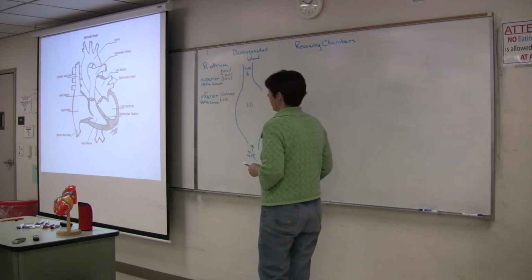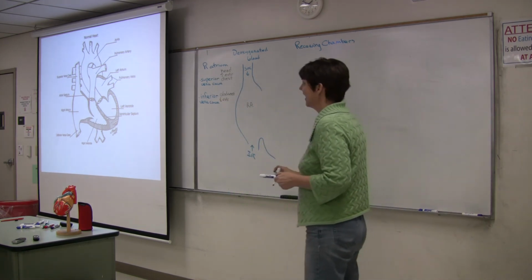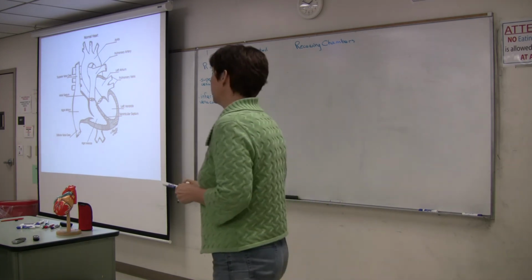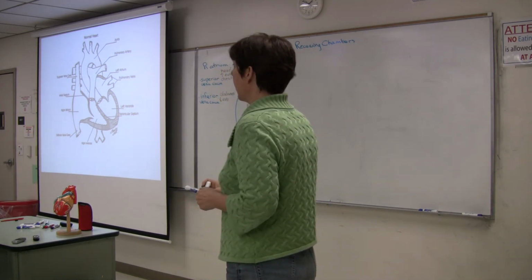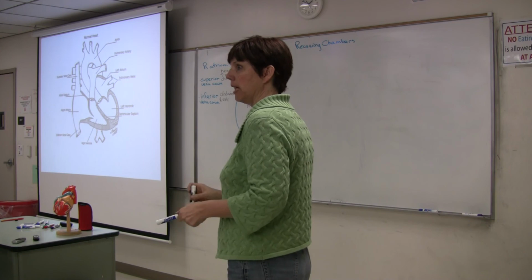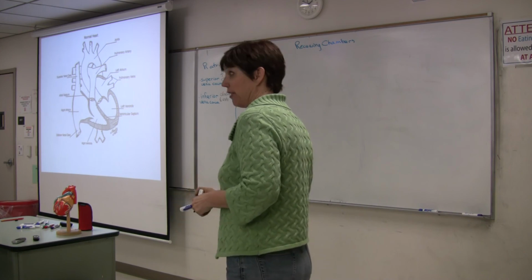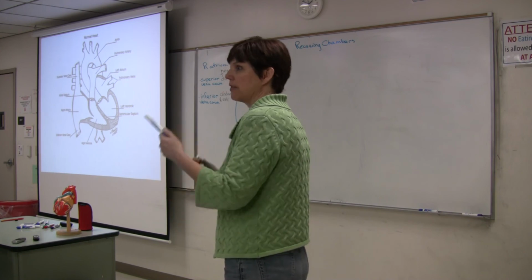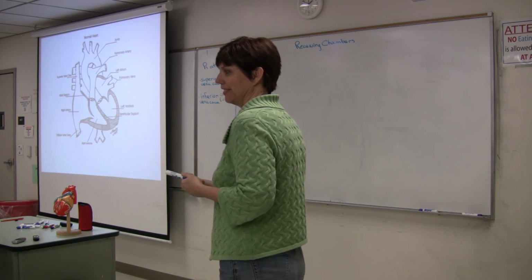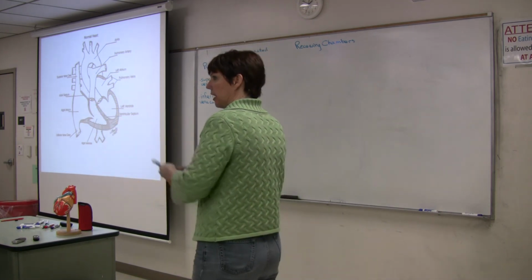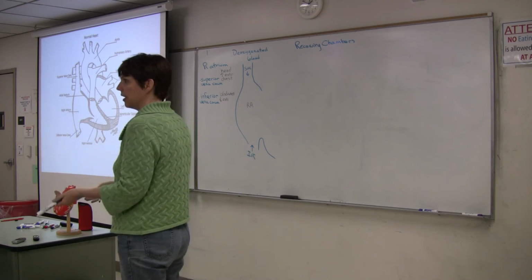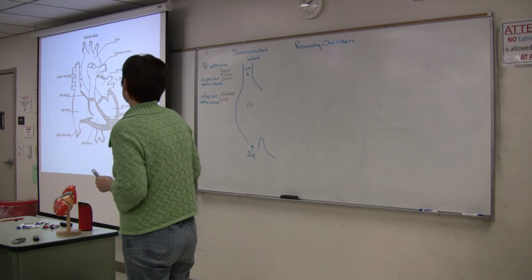Now I said that there were 3 vessels that carry blood to the heart. And the third is carrying blood from the heart itself. All right, so the heart has its own circulation. Arteries come off of the aorta, going to the heart muscle, giving up oxygen, coming back to the surface of the heart as veins.